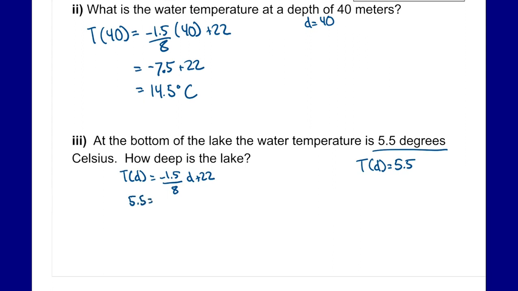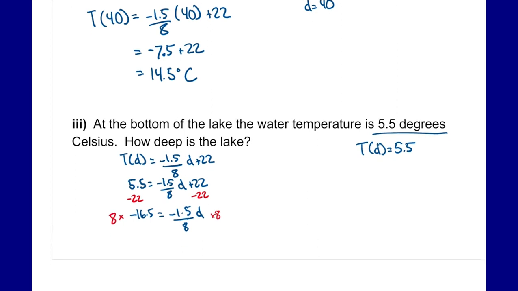So 5.5 is equal to negative 1.5 divided by 8 times d plus 22. I move the 22 over, so I subtract 22 from both sides. I get negative 16.5 is equal to negative 1.5 divided by 8 times d. Then multiply both sides by 8. I get negative 132 is equal to negative 1.5d.